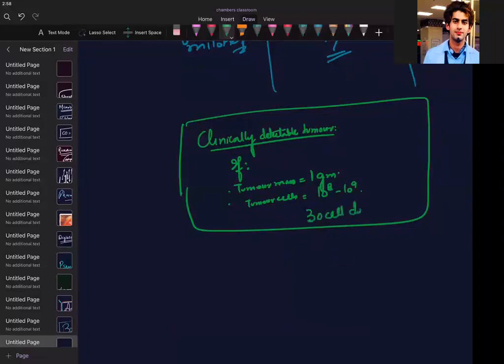Just remember, if a tumor cell has undergone 30 cell doublings, you would call it a clinically detectable tumor. Are we clear with this, guys?